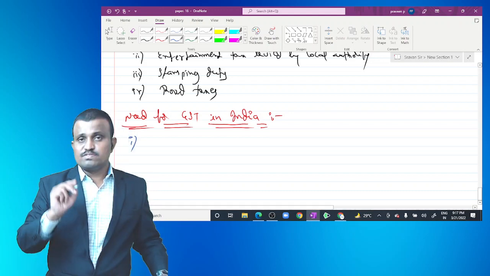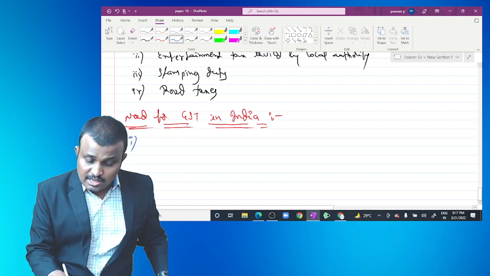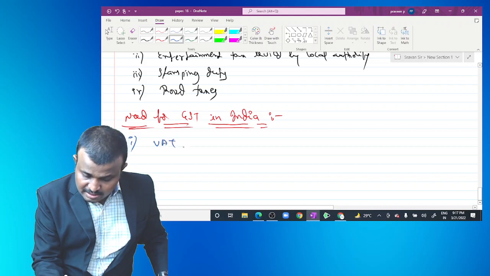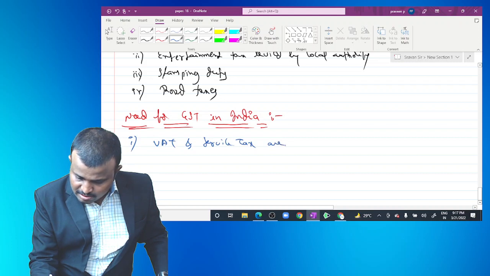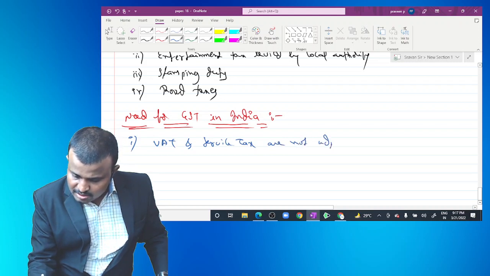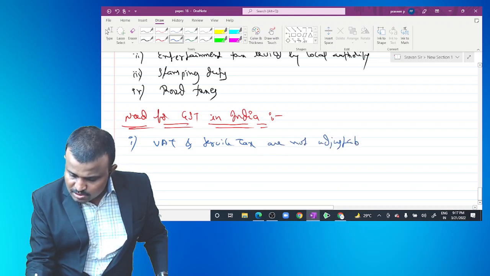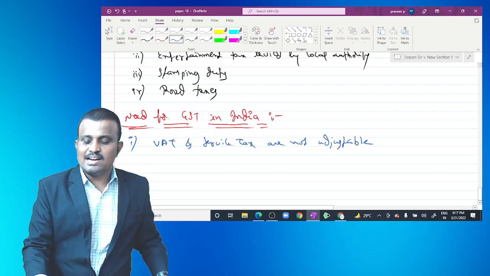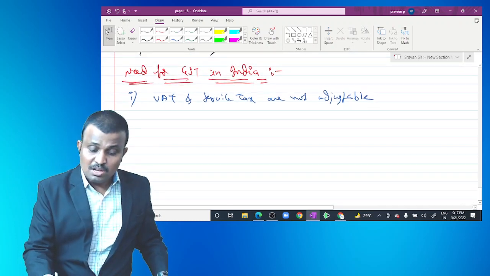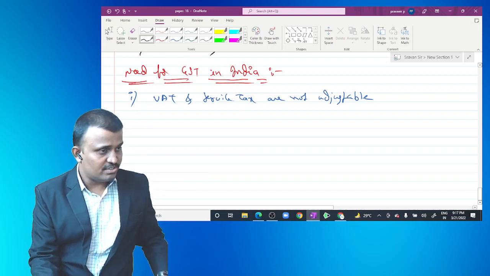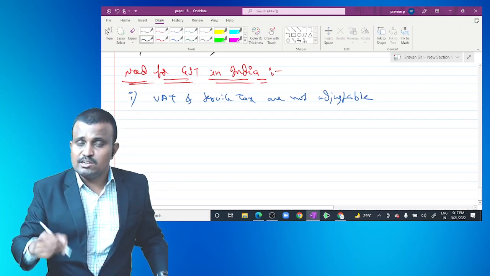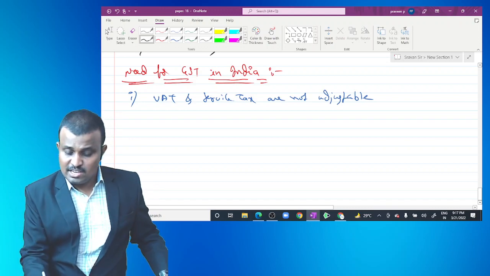Coming to the first one. So here VAT and service tax are not adjustable. Because, for example, coming to the food industry, you go to the restaurant and you purchase the food.